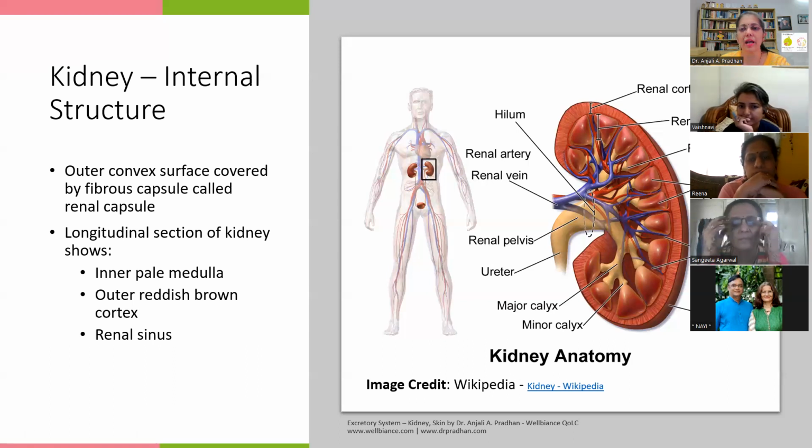Then 2-3 major calyces combine to form renal pelvis. Renal sinus is the space, so renal pelvis यहाँ पे बन जाता है. समझ रहा है?